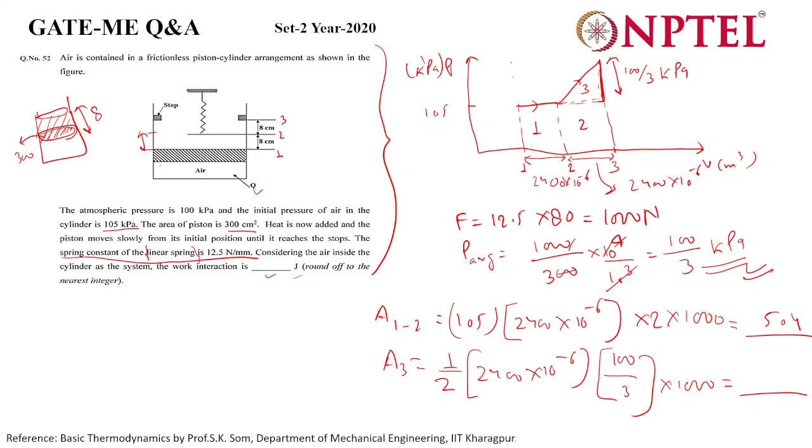Only 4, no. 40 is coming, 40 is coming, total 544 is coming. 40 here, right? Yes sir. So total work done would be 504 plus 40. W total. Anyone also just confirm this answer? I think it is correct.